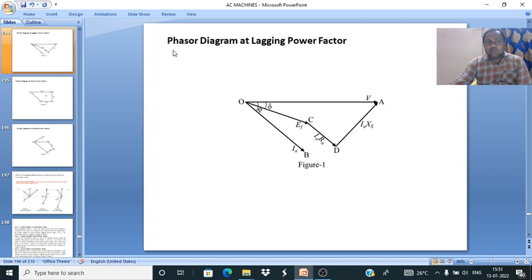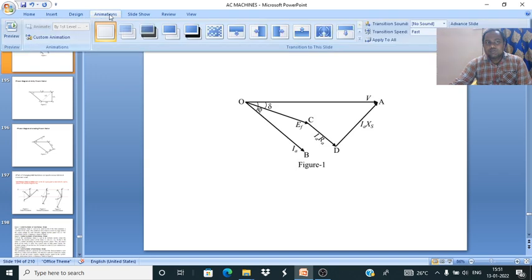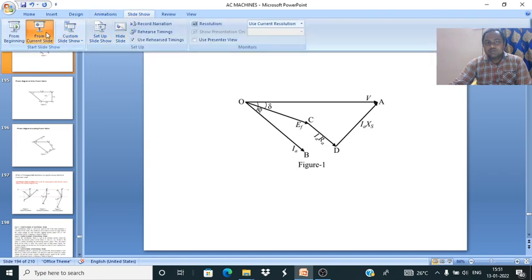Another topic of synchronous motors are phasor diagrams. Phasor diagrams are similar to alternators, but the main difference is that in alternators the generated EMF is greater than the terminal voltage, but in a motor EG is less than terminal voltage.